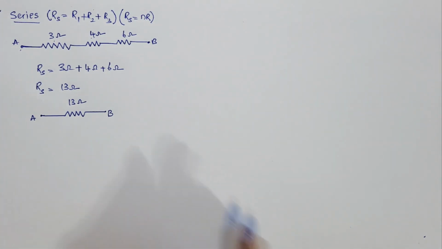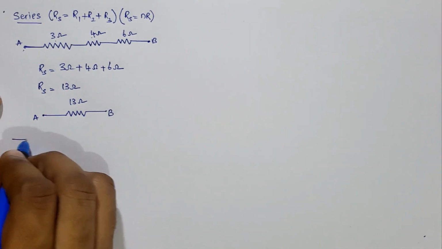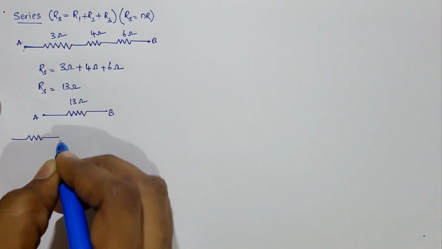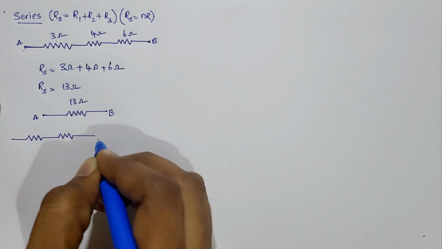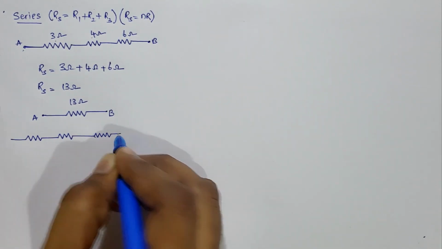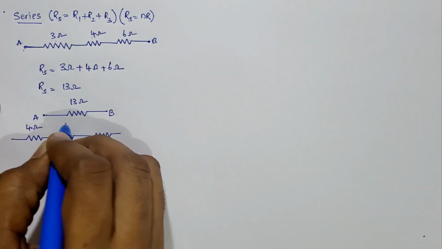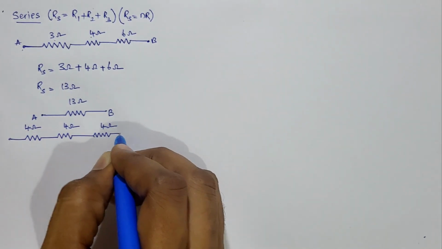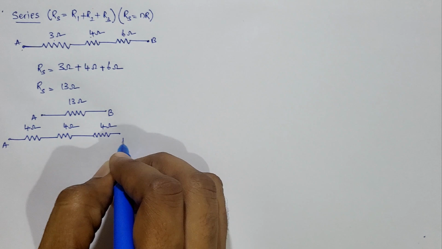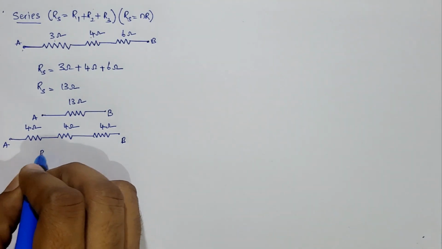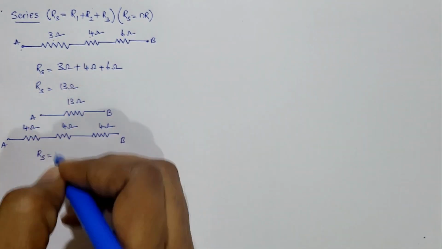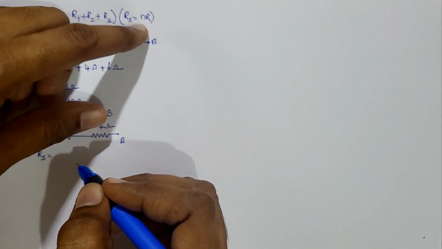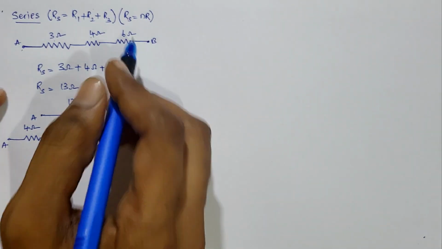Imagine that only 4 ohm resistances are connected now, like this, 3 of them. This is also 4 ohm. This is also 4 ohm. This is also 4 ohm. This is terminal A and this is terminal B. Now what is the formula? Same formula only, but it will be taken as N into R. N means what?